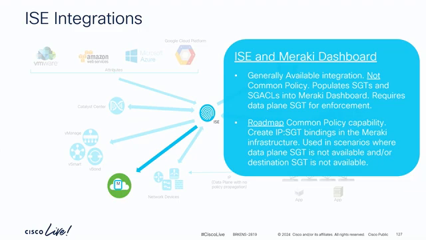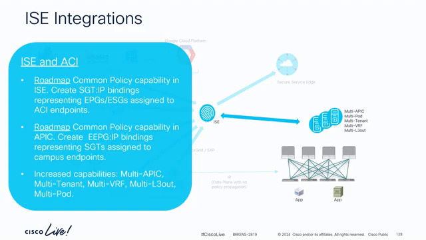The next part of the Meraki common policy, and I've underlined the word roadmap there, so we're all on the same page, is to send IP-SGT bindings directly into Meraki dashboard, so we don't necessarily need to move SGTs on the wire between these domains. It doesn't exist yet. It's under development, so we won't get into how to design that until it actually exists. But in general, you can bypass SGT on the wire in some Meraki use cases once that exists.